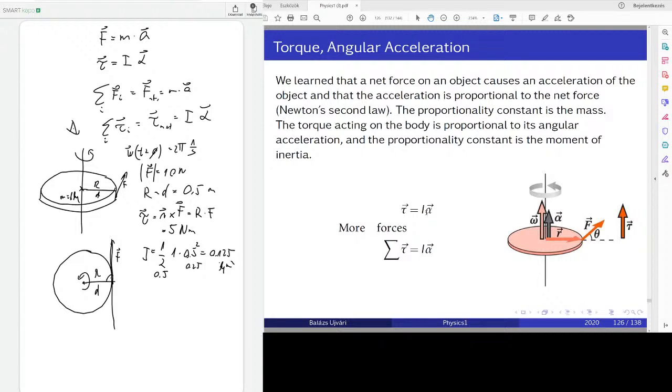So what is the equation to calculate the angular acceleration? The torque is moment of inertia times alpha. This is 5. This is 0.125 times alpha. Let's use the nominal values, not the vectors.